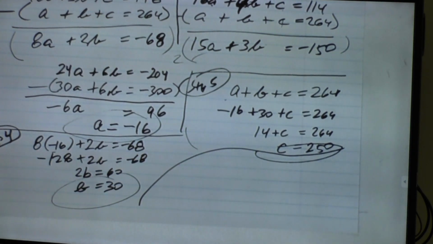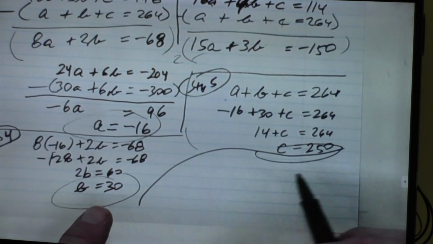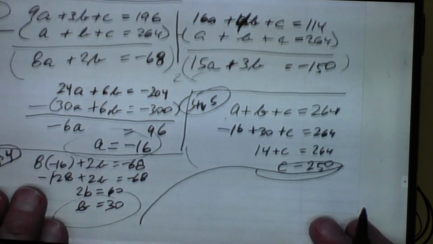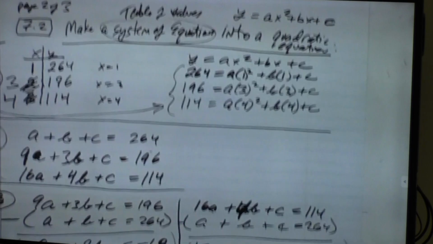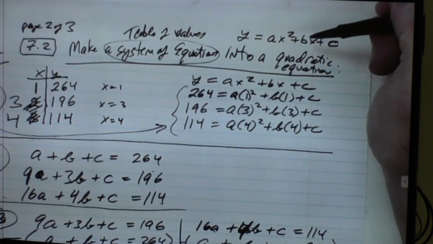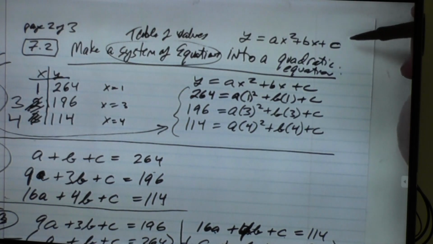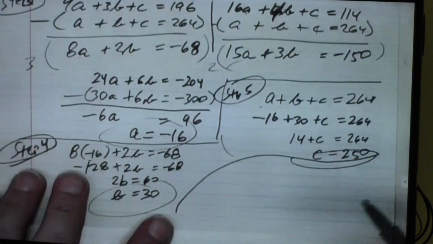Okay. So you've got A, you've got B, and you've got C. Let's come back up here and look at what we do with them. We have A, we have B, and we have C. We're going to just simply put A, B, and C in there. So the most room left is down here.